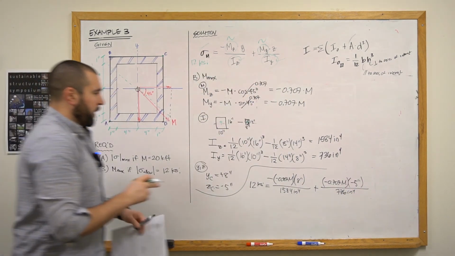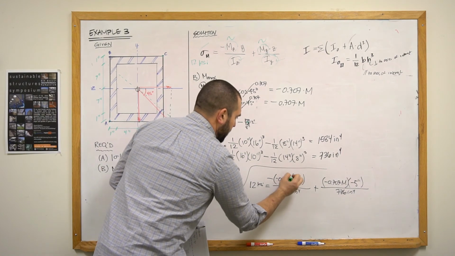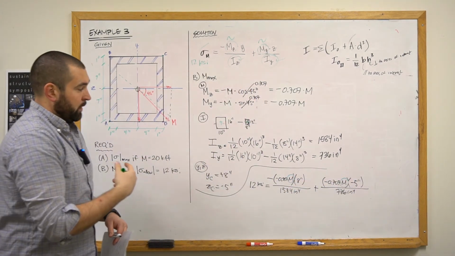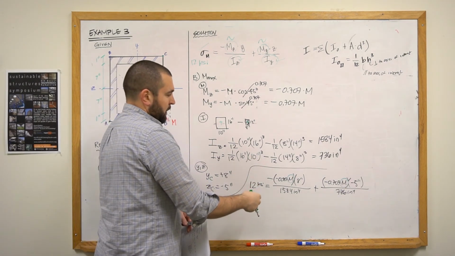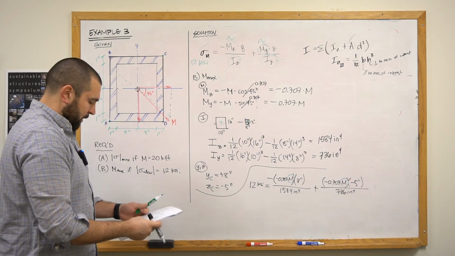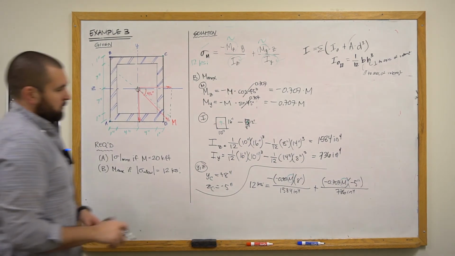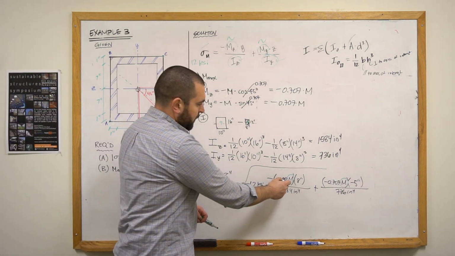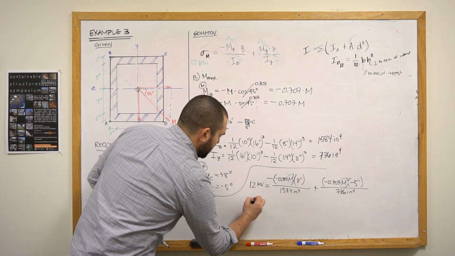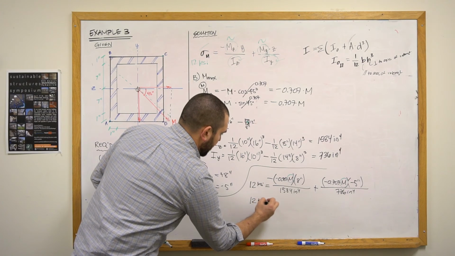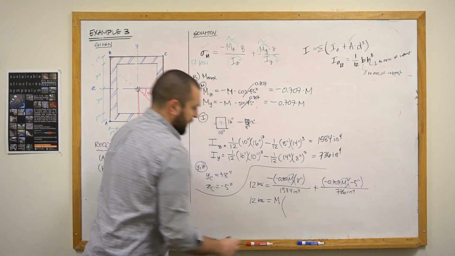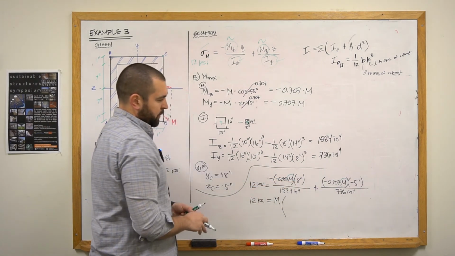So what we have here is one unknown, M. And so I can factor that M out. I can then isolate it on one side of the equation by itself. So we can factor out the moment, the single unknown from this equation, and I will get 12 ksi equals M, the unknown, times the rest of the coefficients in this term.